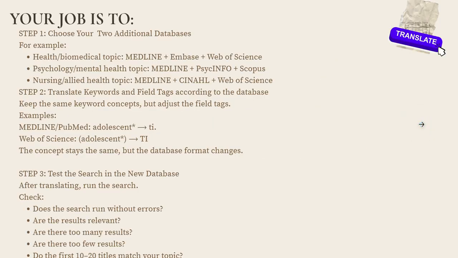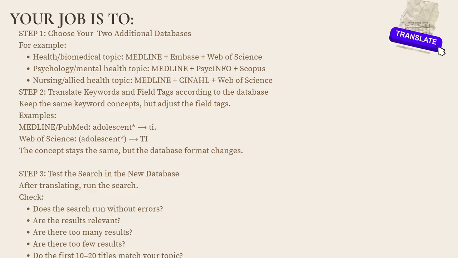And after creating your primary search strategy in Medline, your next responsibility is translating that into at least 2 additional databases. So once you've got Medline out of the way, the first step is to select the databases that match your topic area.